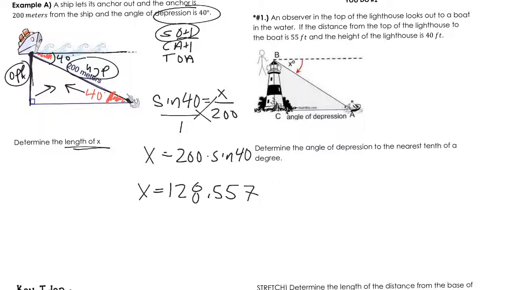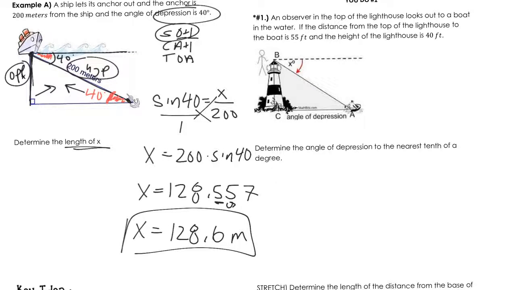It didn't say what to round to, so let's just pretend it said to the nearest tenth. 128 point, since the one next to the 5 is 5, it's going to round up, 0.6 meters. So that's how deep the anchor is in the water. All right, I would pause the video, try that.